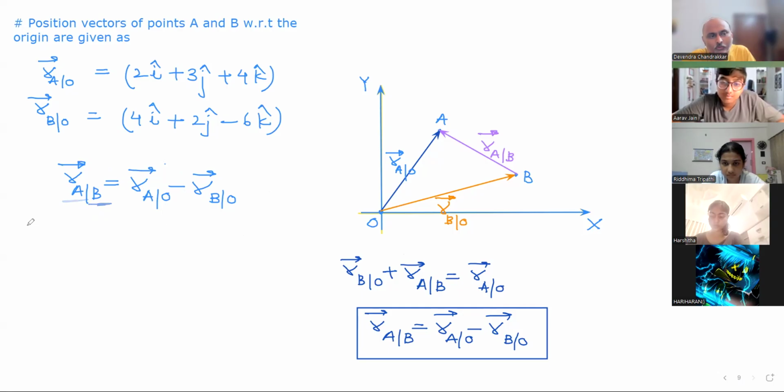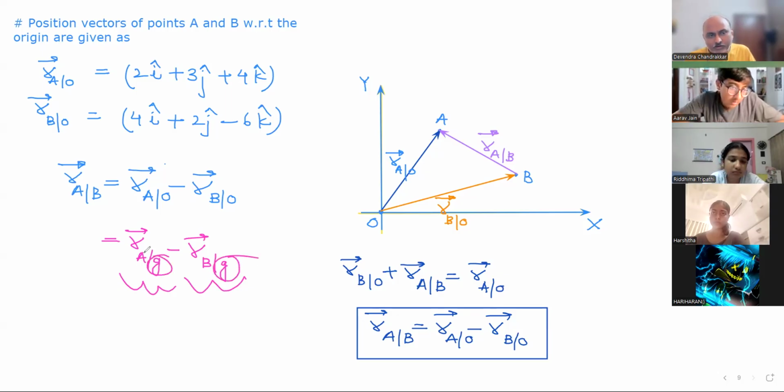RAO minus RBO. Now, you may say, sir, tell me one thing, can I write it like this? RAG minus RBG, where G is some reference point? Of course, yes. The only thing is you should be aware about these two vectors; G is a common reference point here.